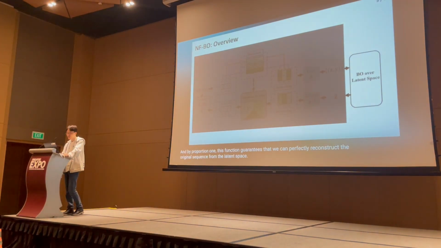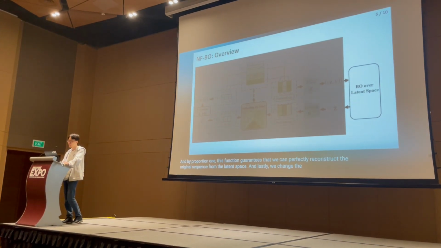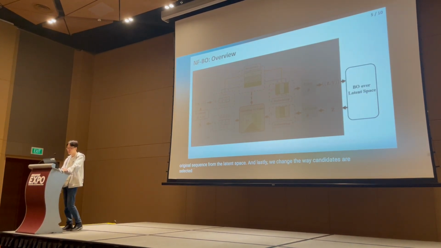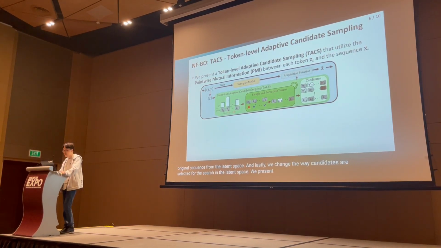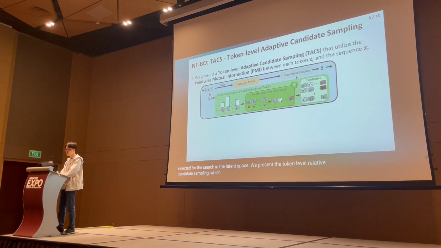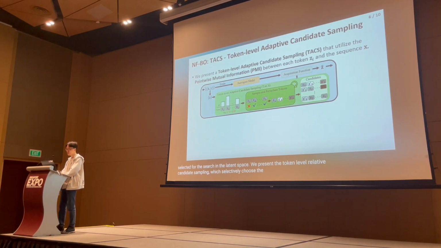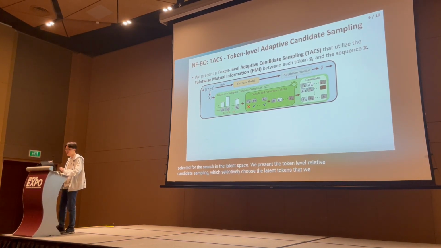And lastly, we change the way candidates are selected for the search in the latent space. We present the token-level additive candidate sampling, which collectively chooses the latent tokens that we have to explore even more.